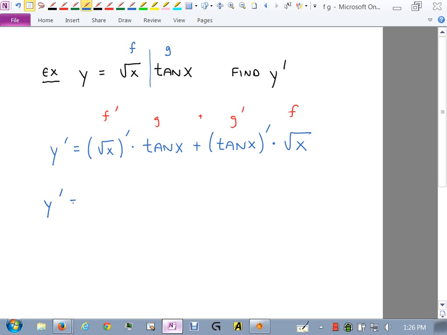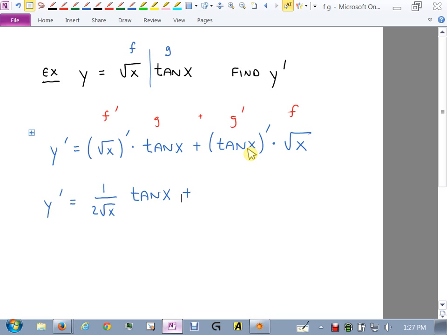Okay. What is the derivative of the square root of x? 1 over 2 root x. That's the one I told you needs to be an automatic one. So 1 over 2 root x, good, very good, times tangent x plus, what's the derivative of tangent x? Secant squared x.